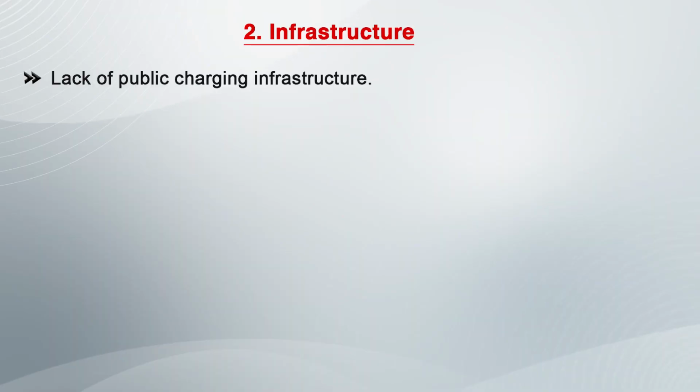Next is the infrastructure. So, dear learners, till now we have discussed the mobility. Now, we will discuss the infrastructure. The key barrier for large scale adoption of electric vehicles in India was lack of public charging infrastructure.